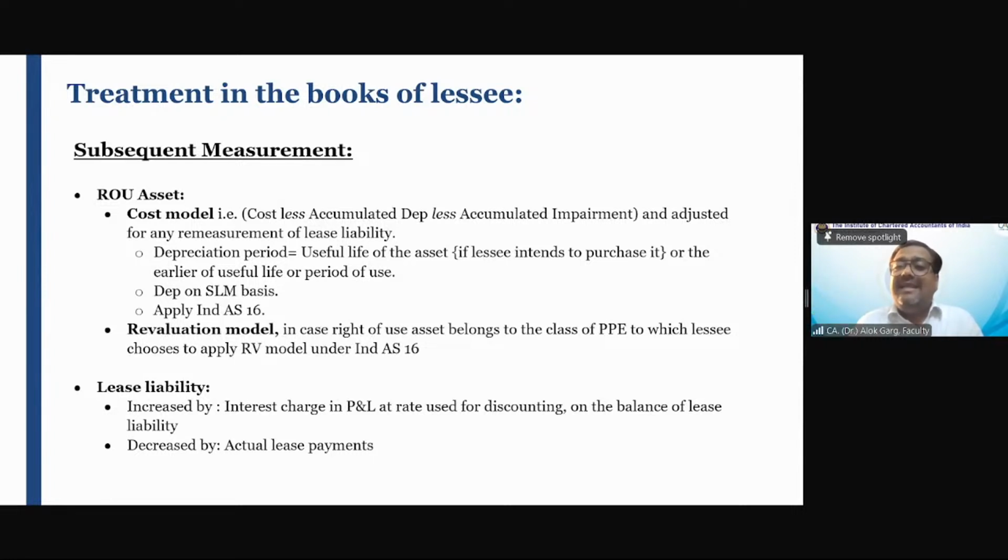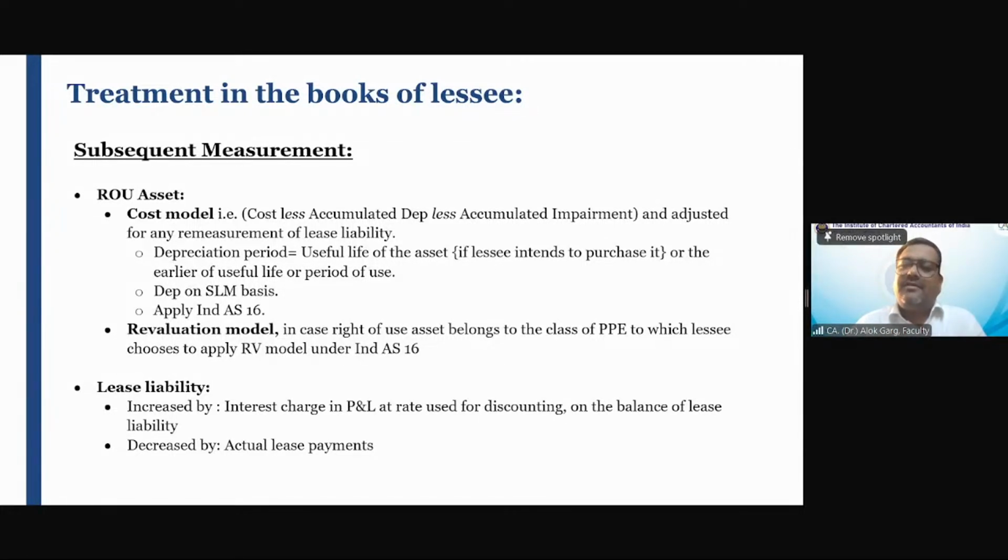If there is any change in the lease term, for example, when we started initially, there was a lease period of 5 years, and there was an optional renewal period of 5 years also. But at the time of the commencement date, it was not reasonably certain that the lessee will avail the optional renewal period.